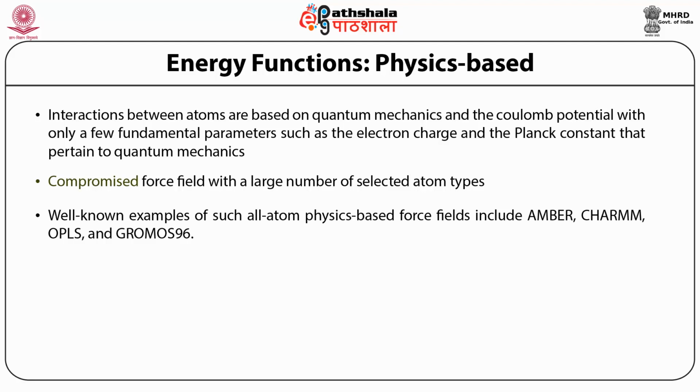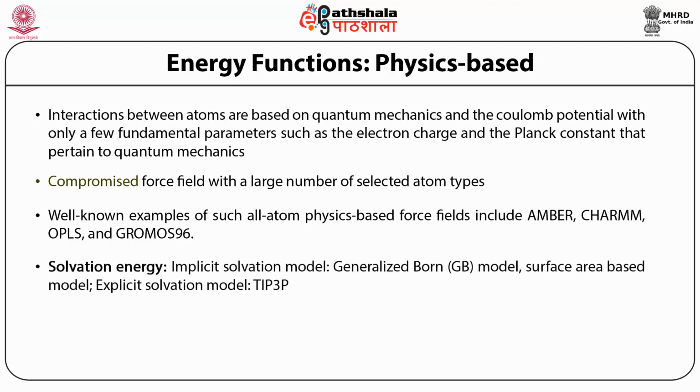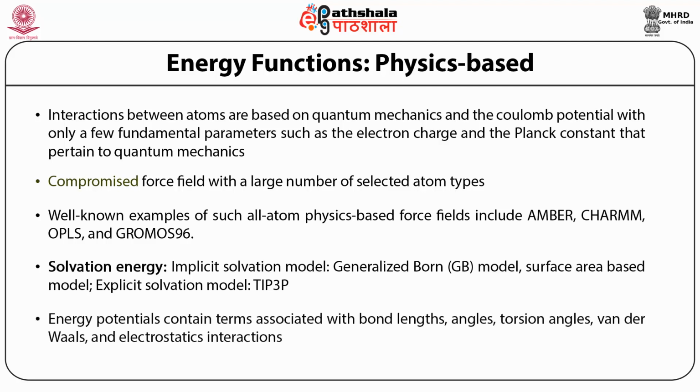You also have the solvation energy, which reflects the implicit solvation model, the generalized Born GB model, surface area based model, and the explicit solvation model TIP3P. Energy potentials contain terms associated with bond lengths, angles, torsion angles, van der Waals, and electrostatic interactions.